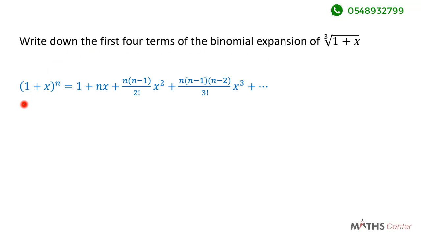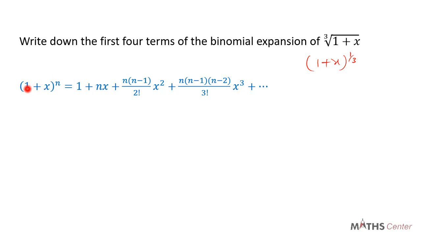We know that if you have a binomial expression of the form 1 plus x exponent n, this is going to be the expansion. From indices, we know that the cube root of 1 plus x is the same as 1 plus x exponent 1 divided by 3.